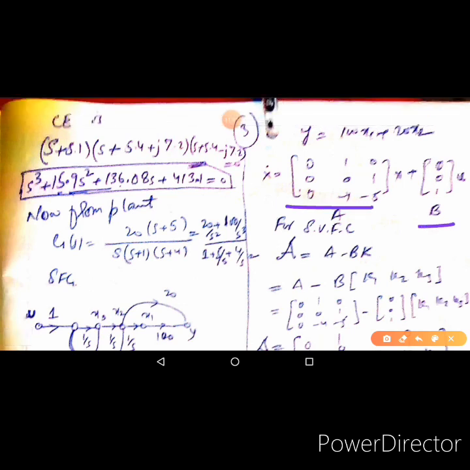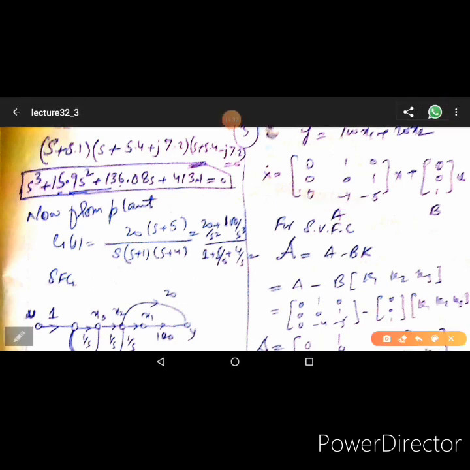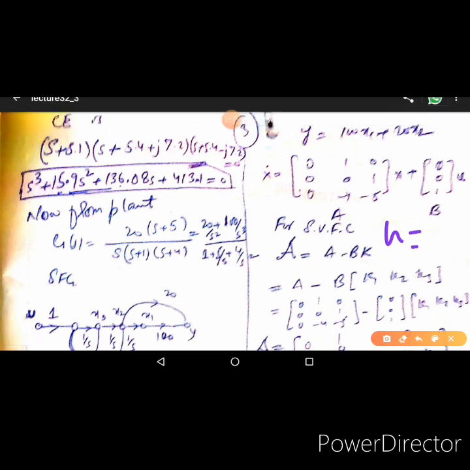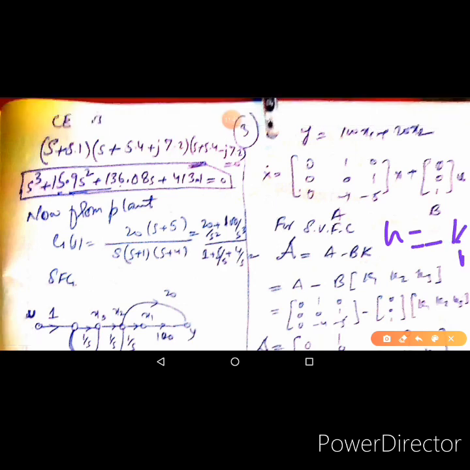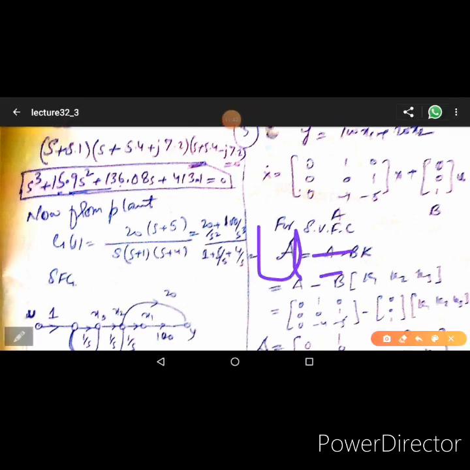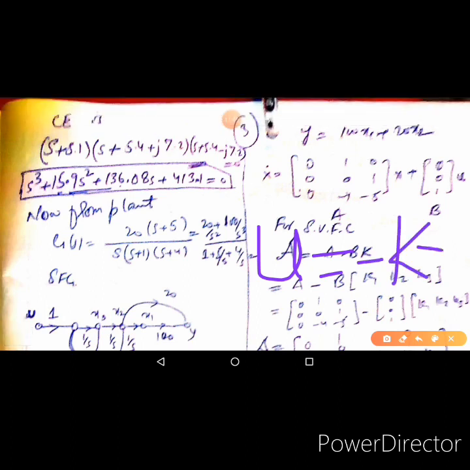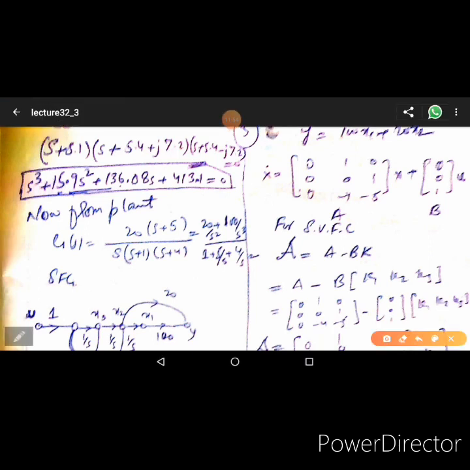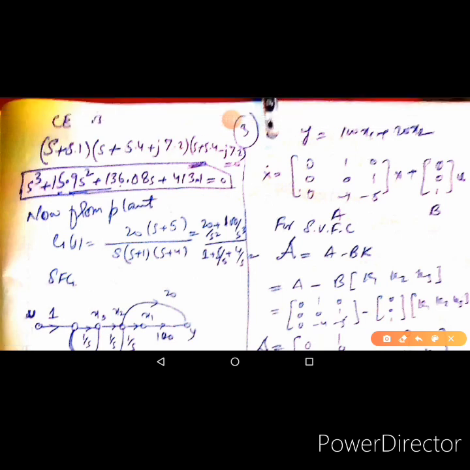And we know that for state variable feedback control, we use the control law U is equal to minus kx. We use this control law. For that, when we make this substitution in place of u over here, minus kx, then the new system will have this system matrix, calligraphic A minus bk.